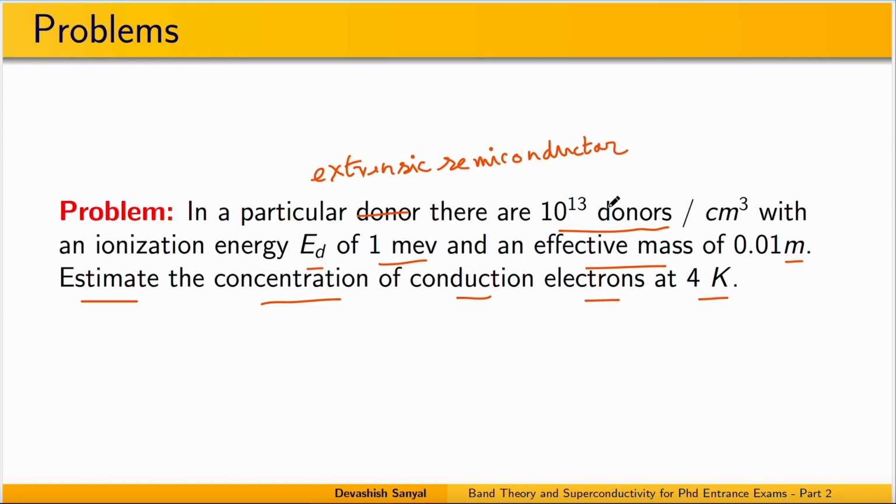There are 10 to the power 13 donors per centimeter cube, but not all the donors will contribute electrons for conduction. Only some of the donors will contribute, so we have to find out how many such donors actually contribute electrons at this temperature.